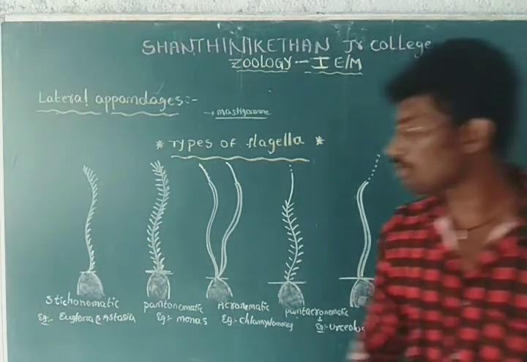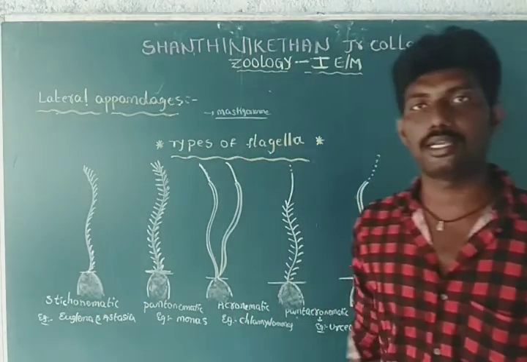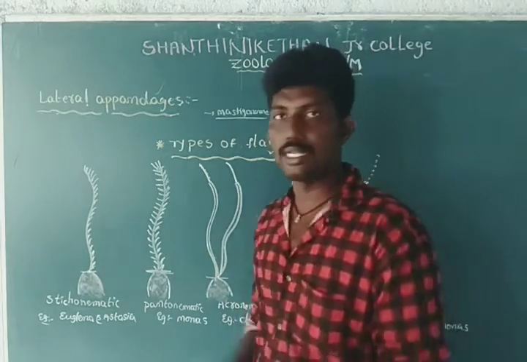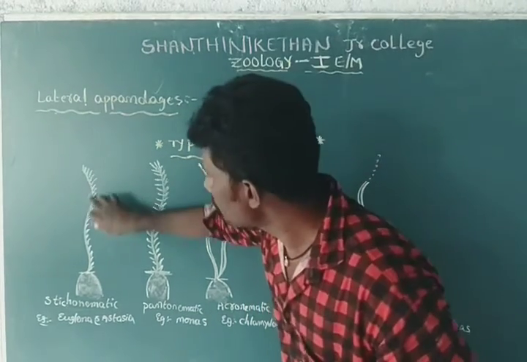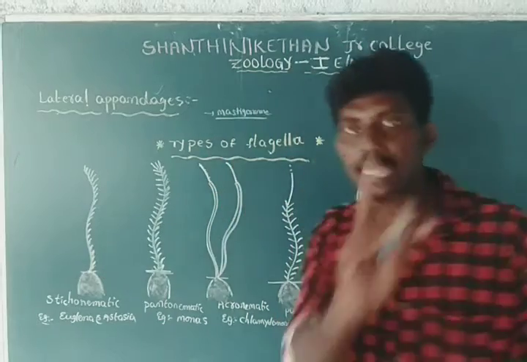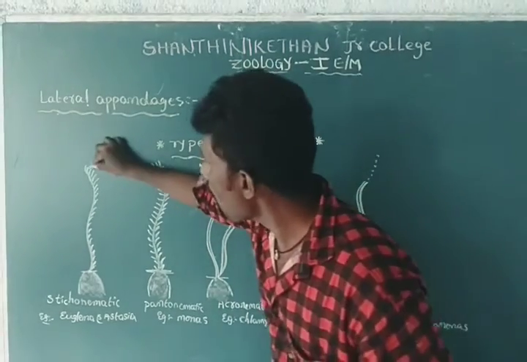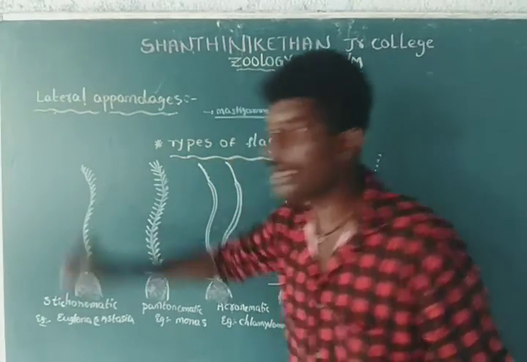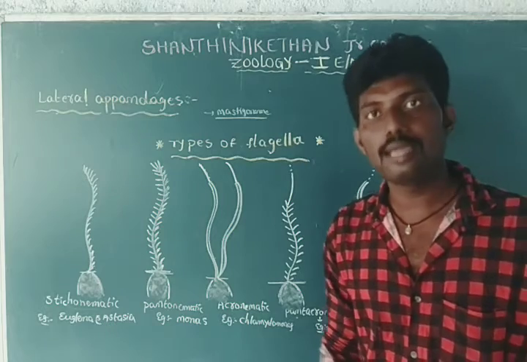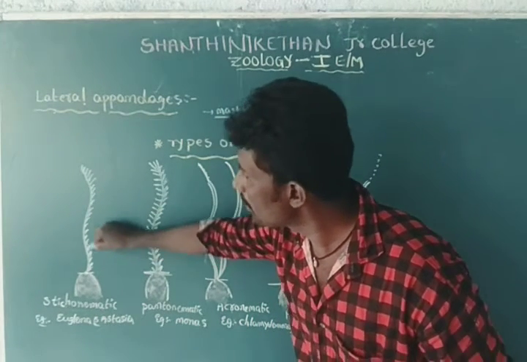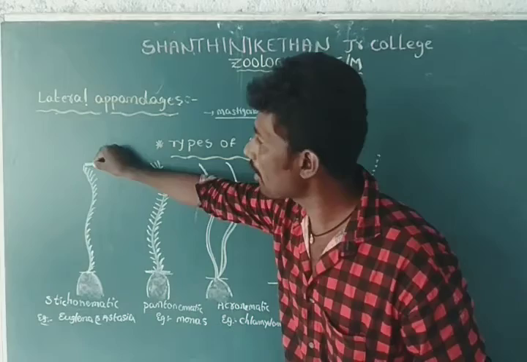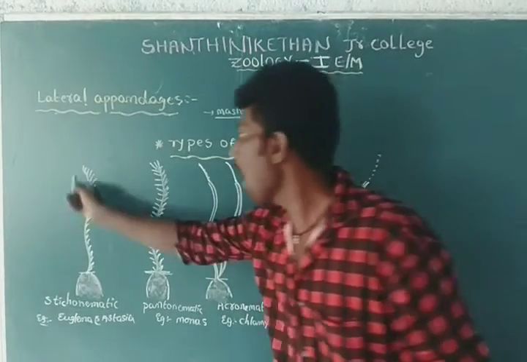Now the first one, stichonematic. Stichonematic flagella bear only one row of lateral appendages on the axoneme.